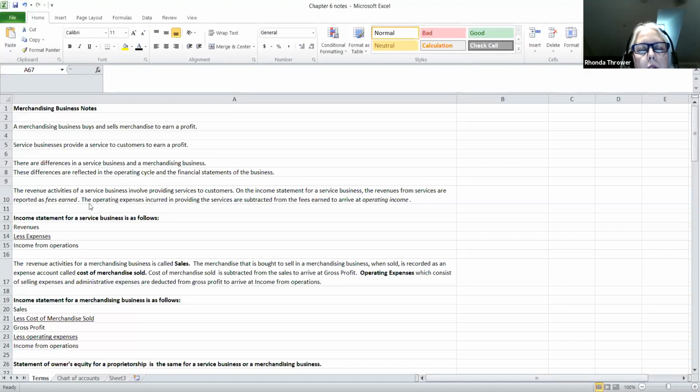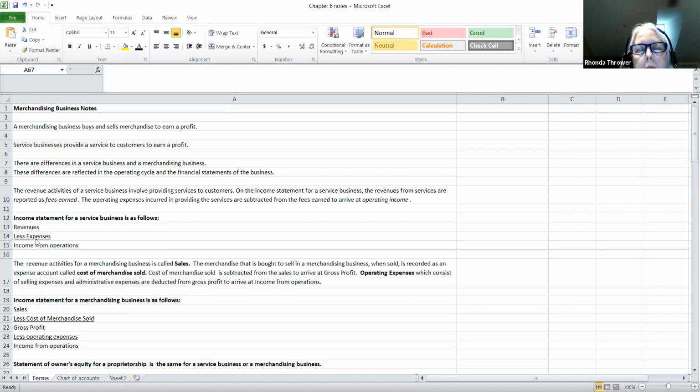The main differences are going to be in your financial statements, and in particular, our income statement is going to be a little bit different. So what I've done is I've set up a form of the income statement that you're already familiar with for a service business. In a service business, we usually start with our revenues, an example of revenues would be fees earned for a service business. And then we're going to subtract out our expenses.